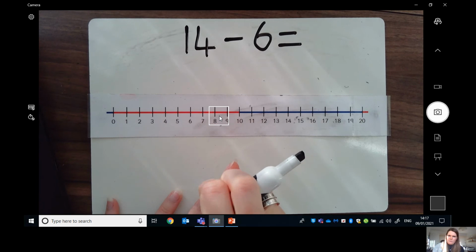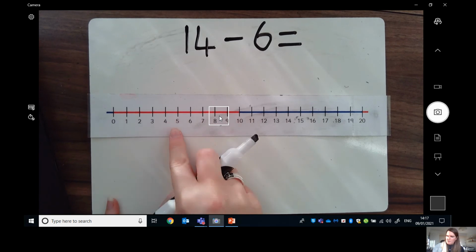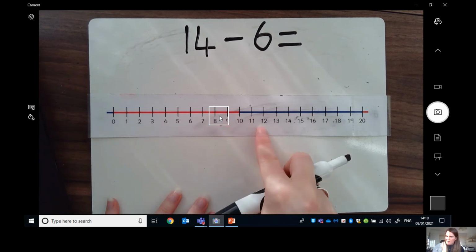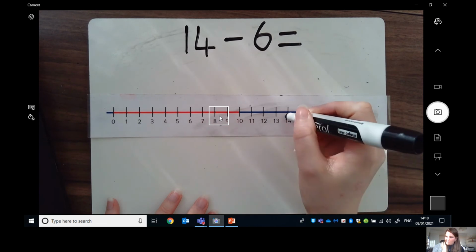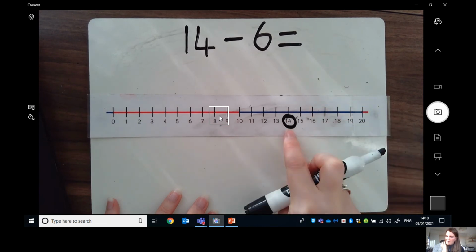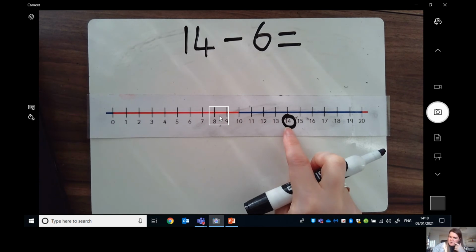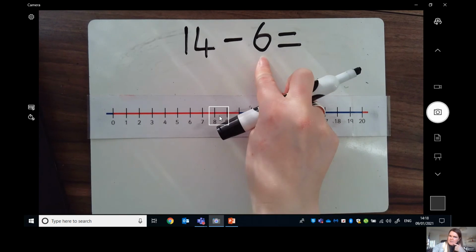Now what? Now I need to find the number 14 on my number line. So I'm going to look for the number 14. There it is. I'm going to circle my number 14. This time I'm subtracting what number? Where is the number I'm subtracting? The number I'm subtracting is 6. Fantastic. So I need to make how many jumps? I need to make 6 jumps.